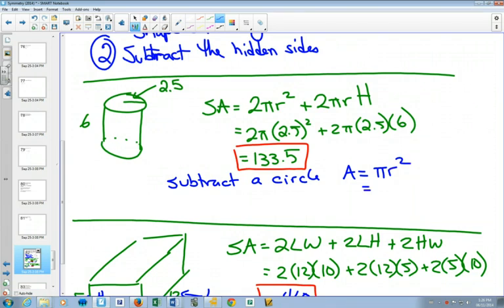So the area of one circle will be pi times 2.5 squared. We type that into our calculator. And we get 19.6.